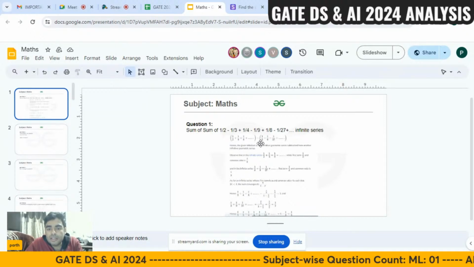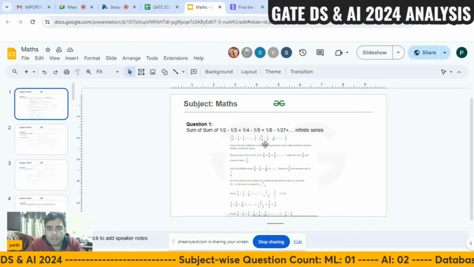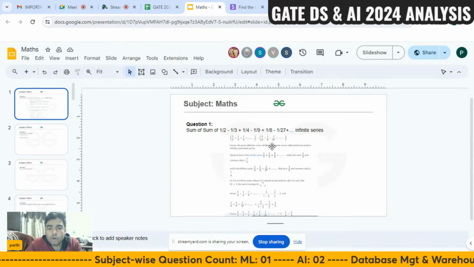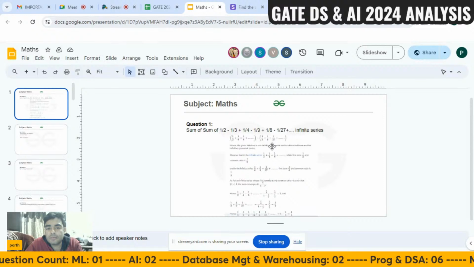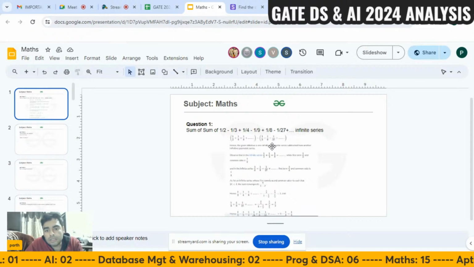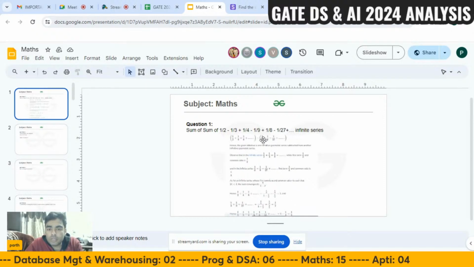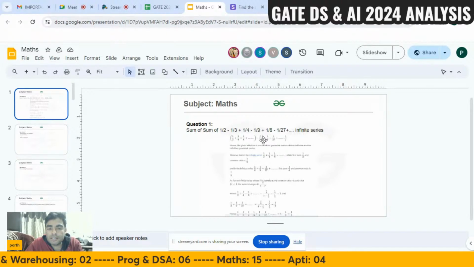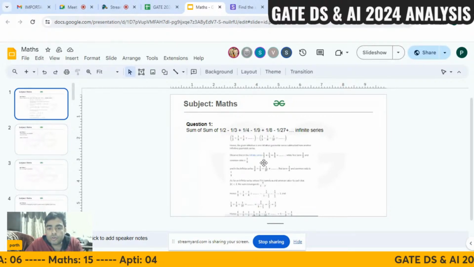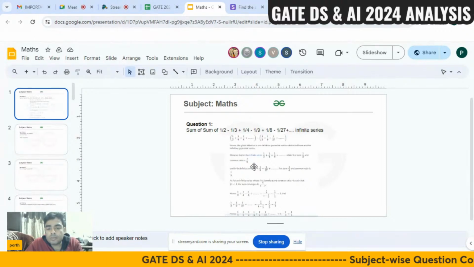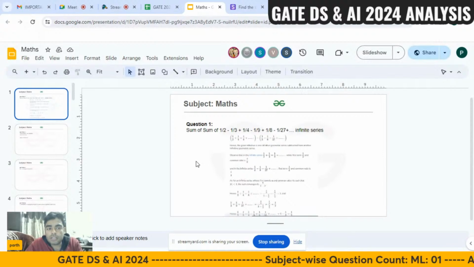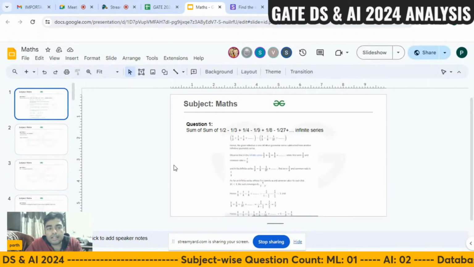Then minus, in the next series the first term is 1 by 3 and the common ratio is 1 by 3. It is a geometric progression, and its sum can also be calculated using the formula a upon 1 minus r, where r is the common ratio and a is the first term. When we subtract the second from the first, the answer would be 1 by 2.